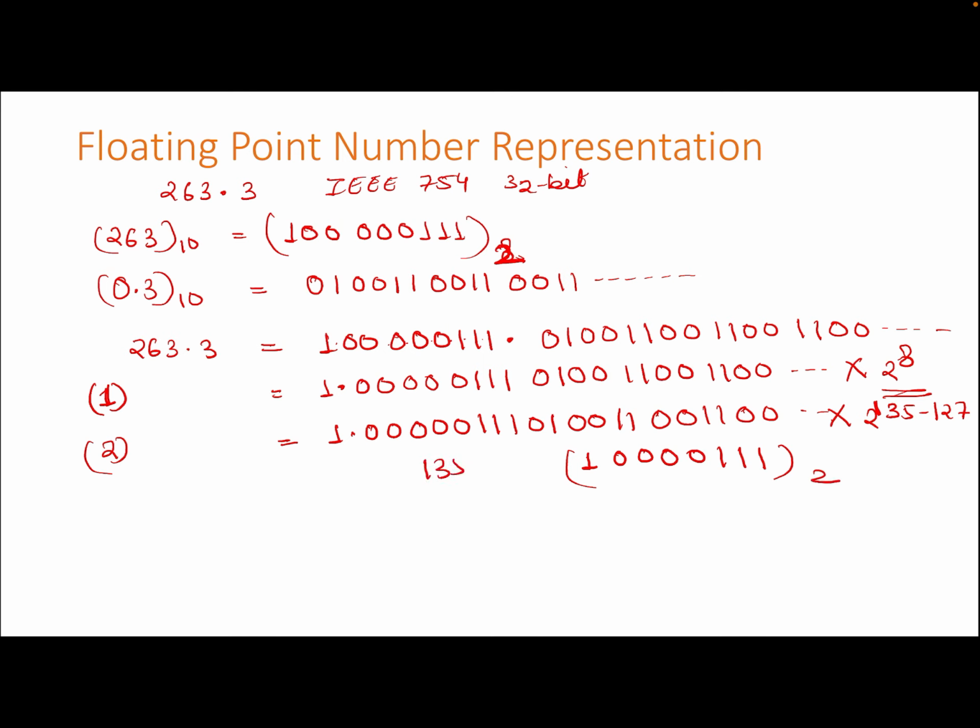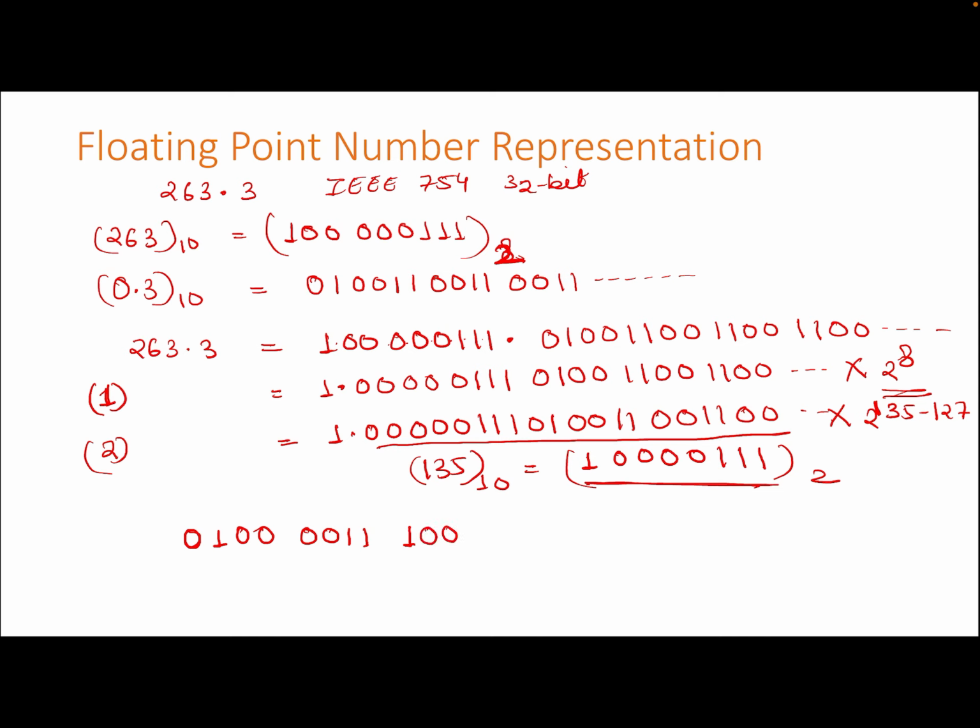Okay. So this is the binary equivalent of 135. This is my exponent part. It's a positive number, so the sign bit is 0. Then I will write this exponent part, and this mantissa part thereafter.